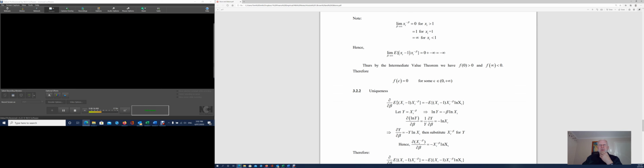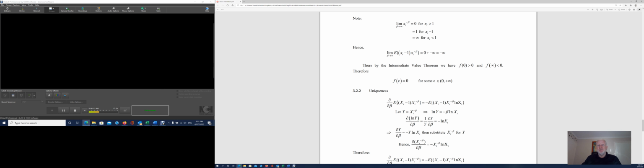To see whether it's unique, we need to see whether the derivative is always going down. We're differentiating something where the variable is in the exponent. What I'm going to prove is that the derivative of this equals this.